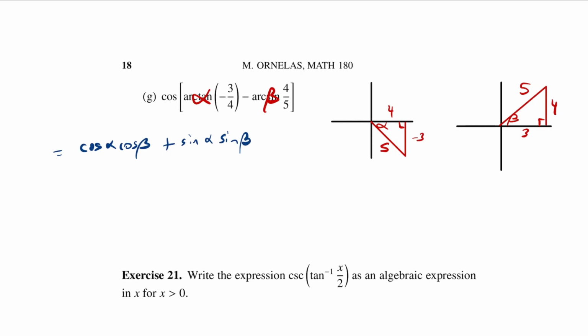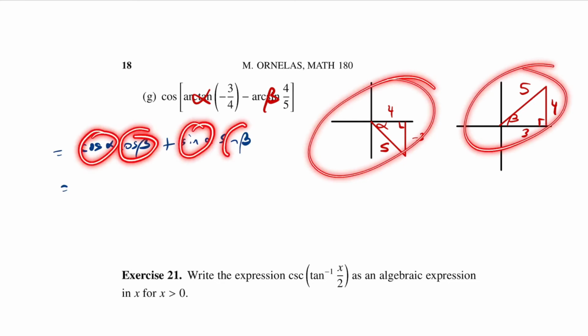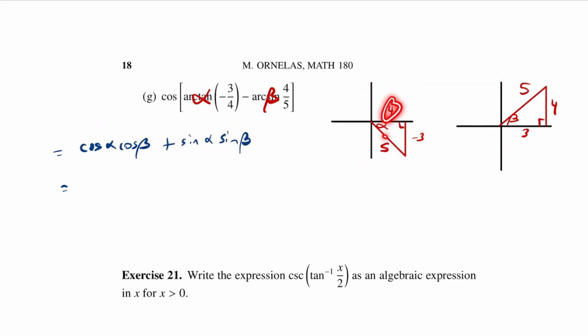All right, so now we can use our triangles to figure out these ratios. So cosine alpha is 4/5. Cosine beta is 3/5. Sine alpha is opposite hypotenuse.